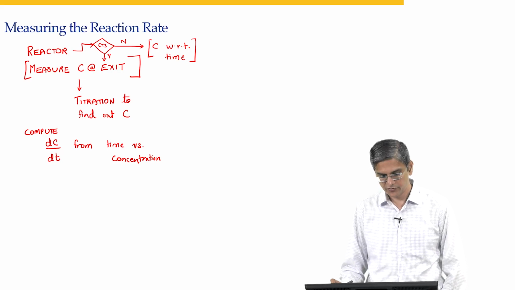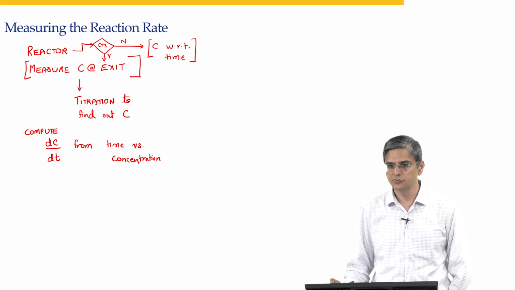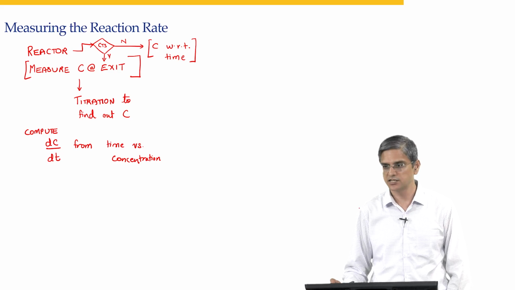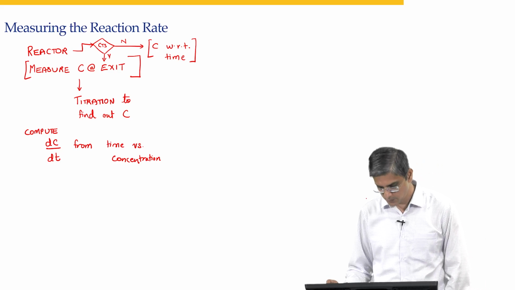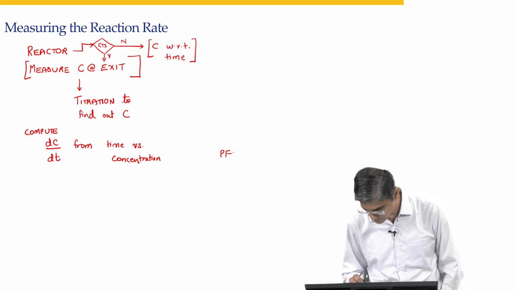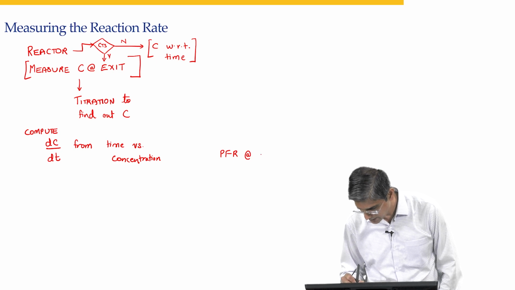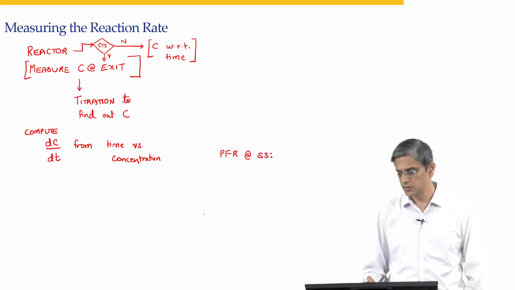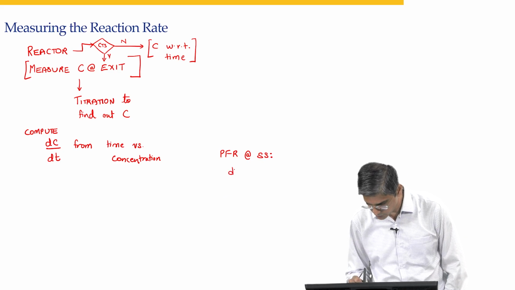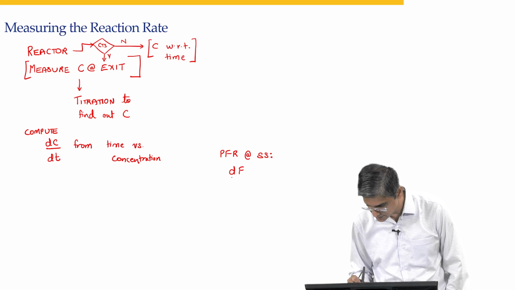If you run a continuous reactor, you measure the concentration at the exit. Let us say that you are running a plug flow reactor at steady state. Reaction rate expression for plug flow reactor at steady state.